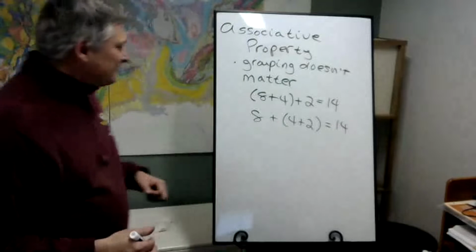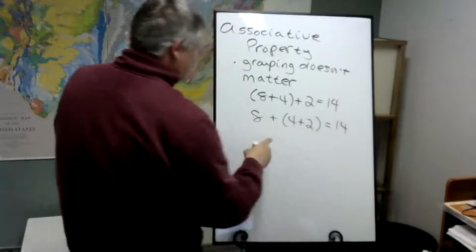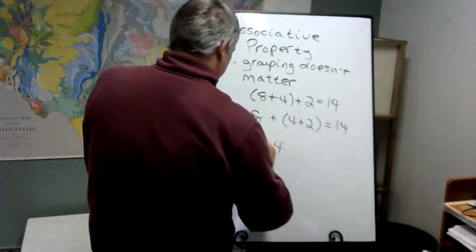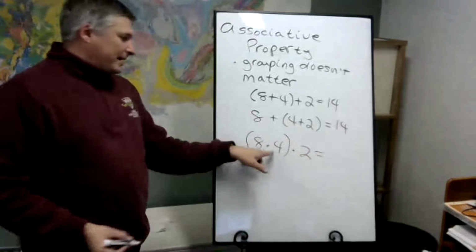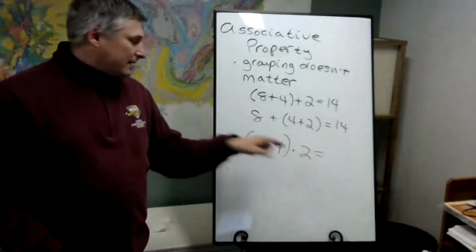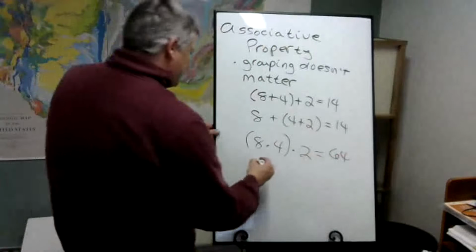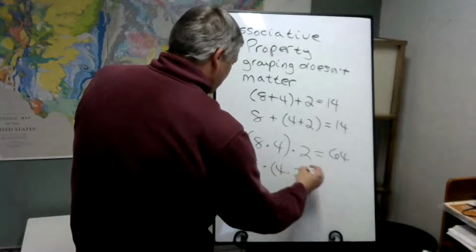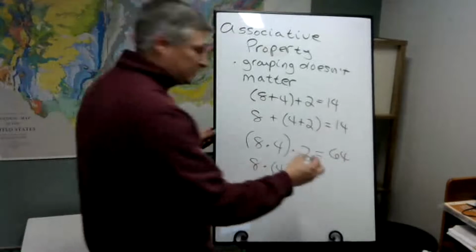Then if we do, say, 8 times 4 times 2, well, 8 times 4 is 32, 32 times 2 is 64. But then if we group the 4 and the 2, 4 times 2 is 8, 8 times 8 is 64.